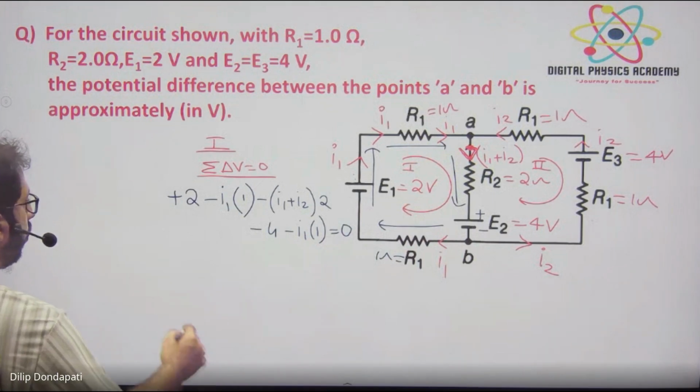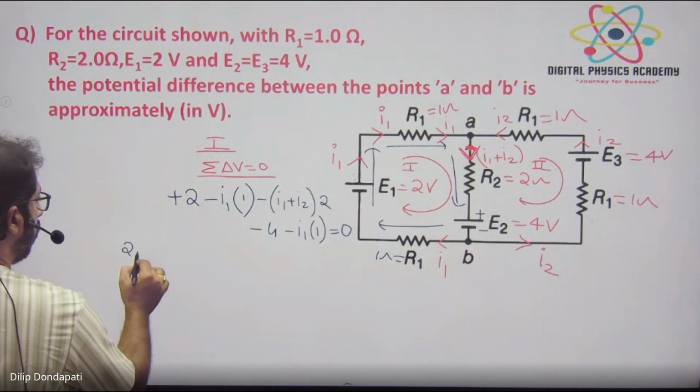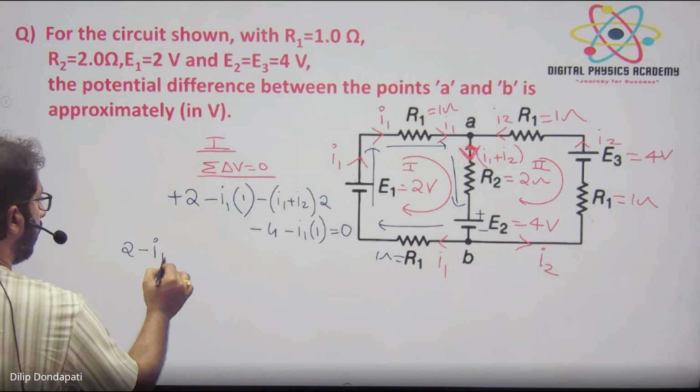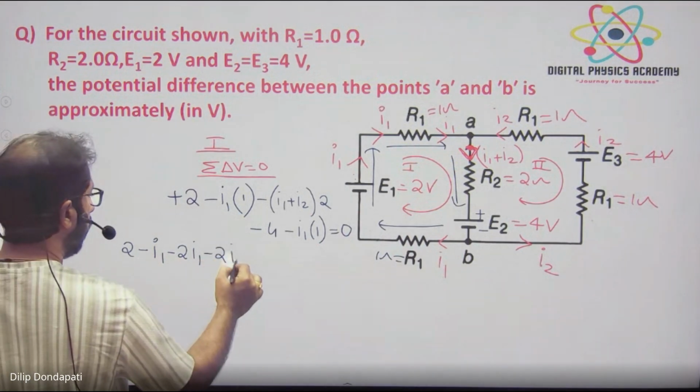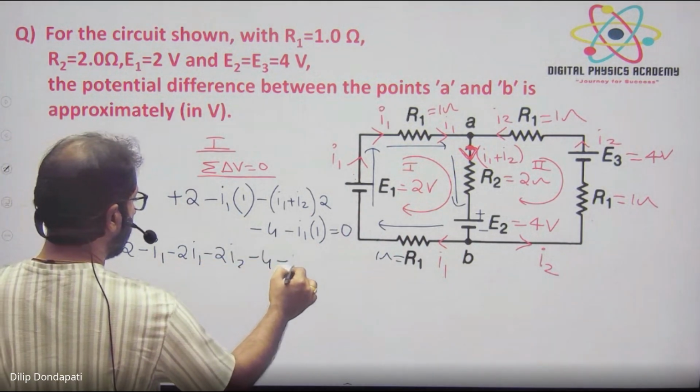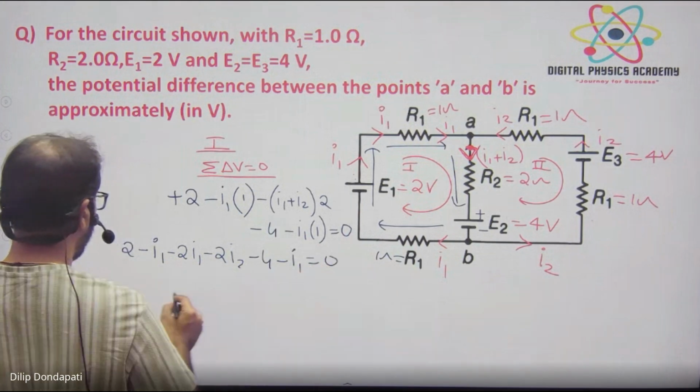Right? So क्या होगा? 2 minus I1 minus 2I1 minus 2I2 minus 4 minus I1 is equal to 0.